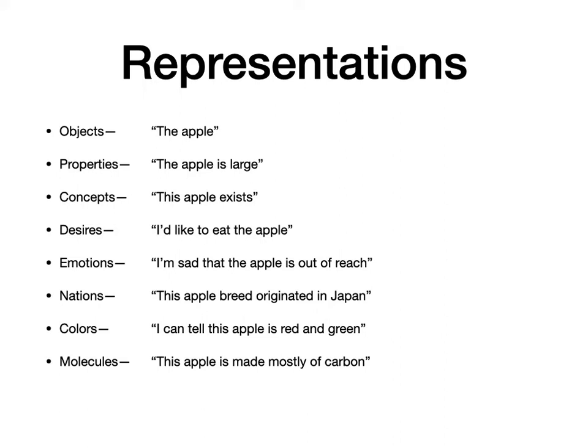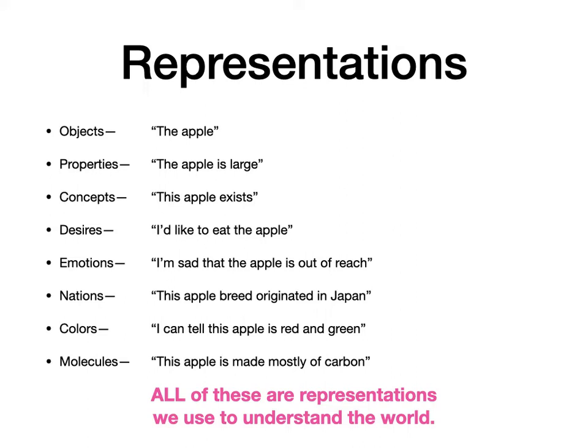That's something that we can hold on to in our representational space. Emotions, I'm sad that the apple is out of reach. Nations, this apple breed originated in Japan. Cool. Colors, I can tell this apple is red and green. Molecules, this apple is made mostly of carbon. All of these are representations that we use to understand the world.